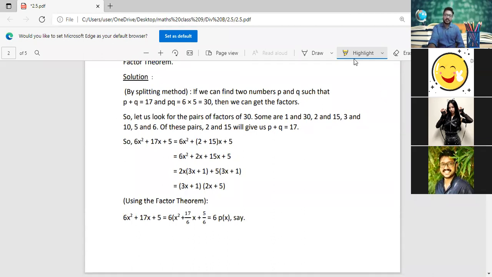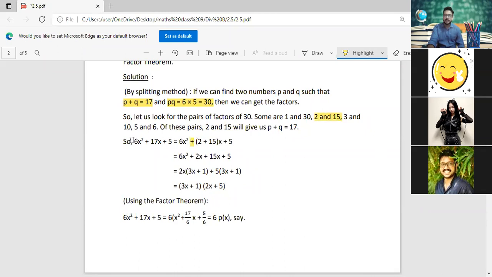Okay, fine. Let me ask you something. You have already heard this question in our last class. Here we have just found out that the factors which satisfy p plus q is equal to 17 and pq is equal to 30 are the numbers 15 and 2, right?